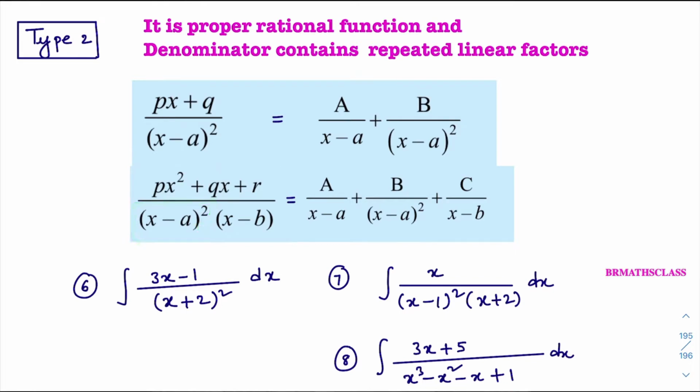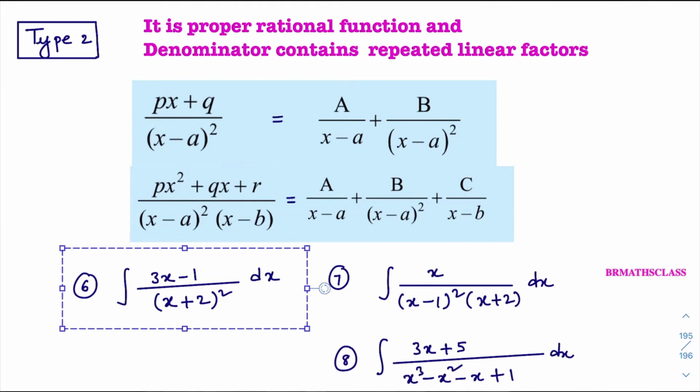Now, how will we write it? A divided by x minus a plus b divided by x minus a whole square is for this part. I hope you are understanding. This is the procedure. When the denominator contains repeated linear factors, we write like this, plus c divided by x minus b. Right. Now, let's see how to solve these problems.